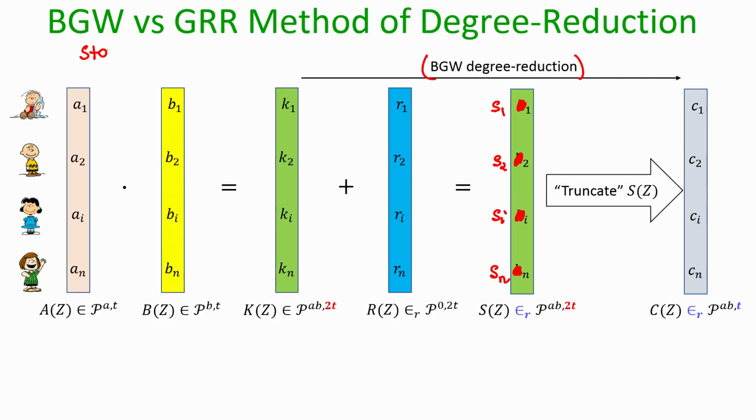So, in stage 1 we do the randomization, and in stage 2 we do the degree reduction.